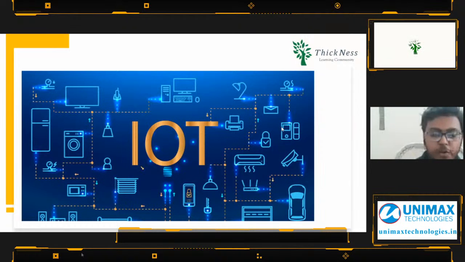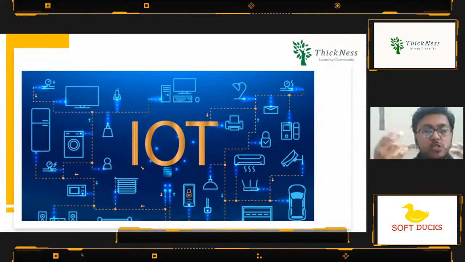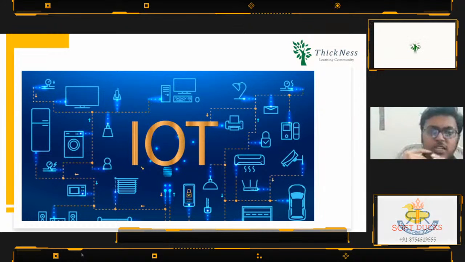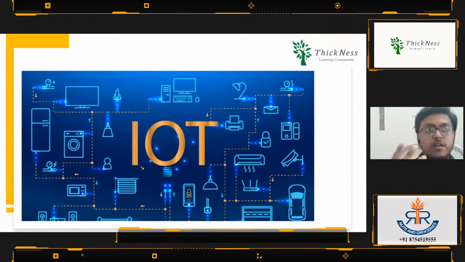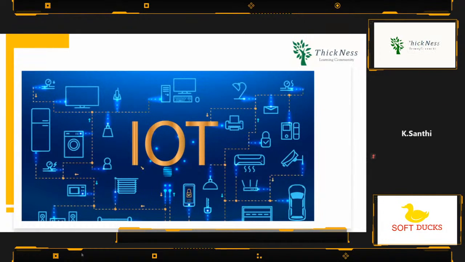Okay, coming to IoT. Now, similar to how we humans communicate with each other through the internet, through network communication, think of the devices which we use in our day-to-day life, in our homes. For example, devices like TV, refrigerator, stove, water heater, geyser, and your car.